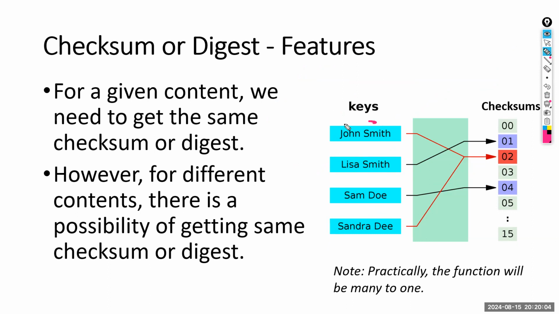You can see that both John Smith and Sandra D have resulted in the same checksum or digest, which is in a way bad, but we can't prevent it because we try to map a bigger text to a smaller value. So that is something we need to live with, but we try to minimize it. Good algorithms will minimize it.